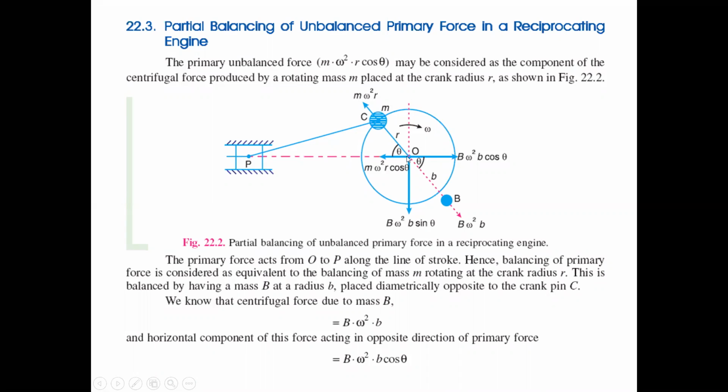Now, for balancing that mass, we arrange a balancing mass on the side opposite to the crank side. The balancing mass is represented with capital B, and its radius of rotation is small b.